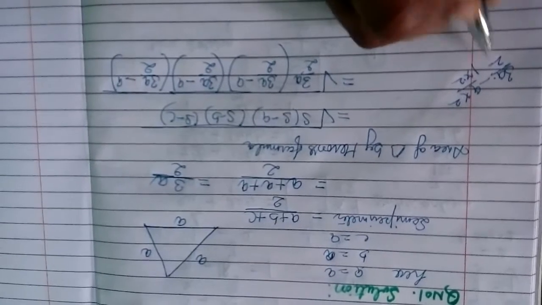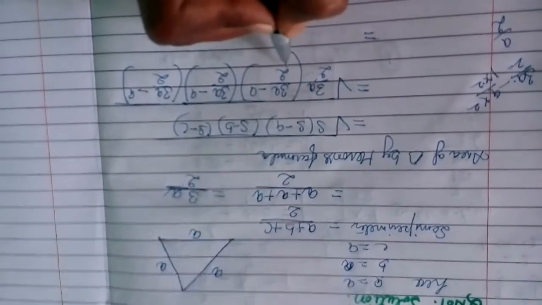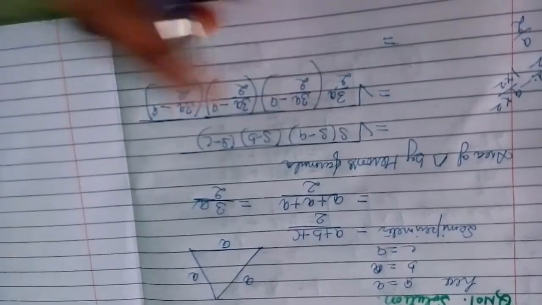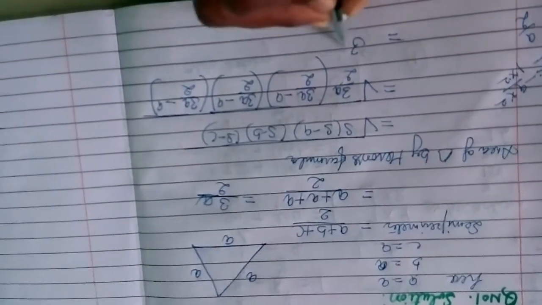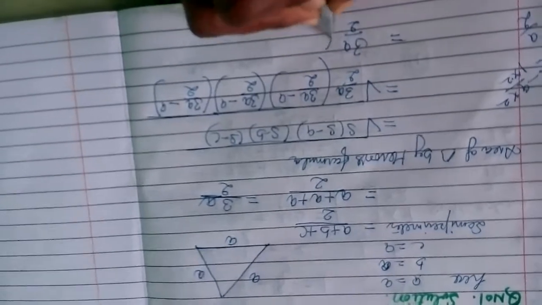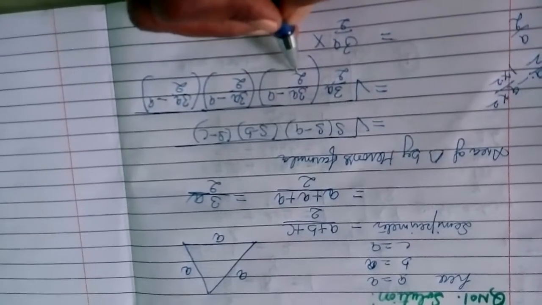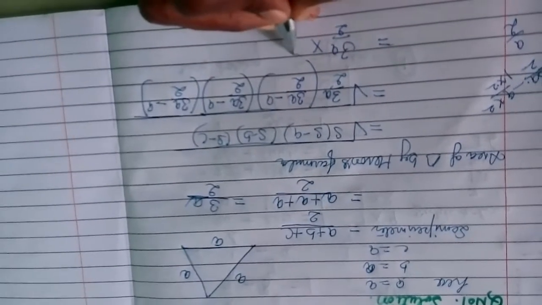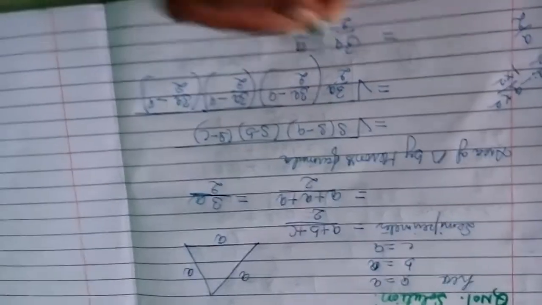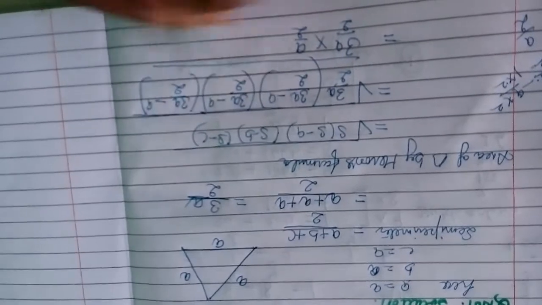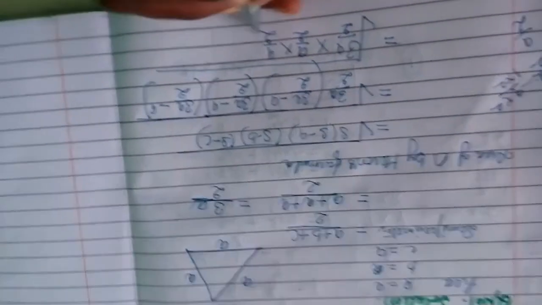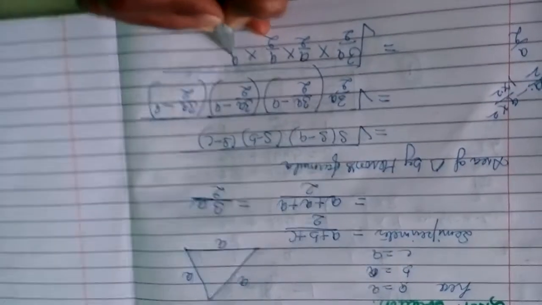That means you are getting a by 2 after solving 3a by 2 minus a, and the result for all these will be the same. So 3a upon 2 into a by 2, into a by 2, into a by 2, all under the square root.